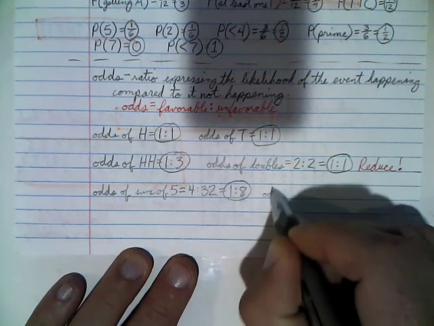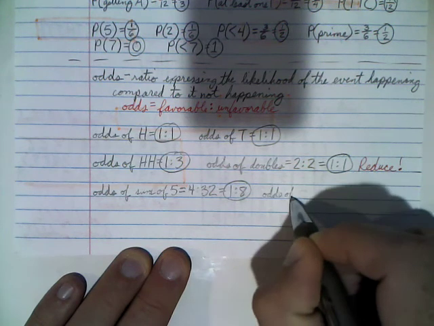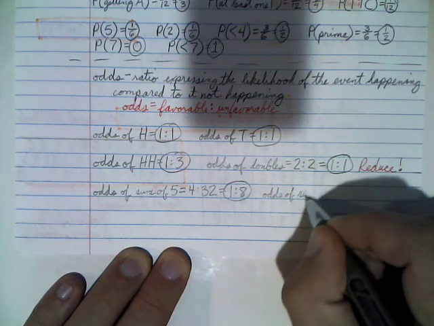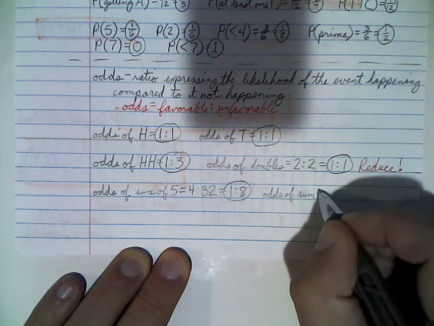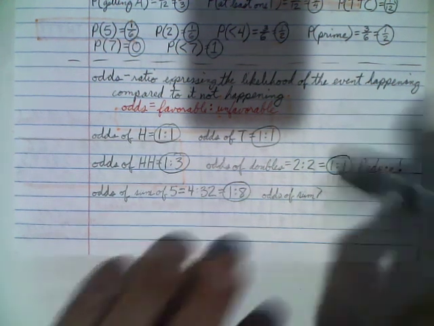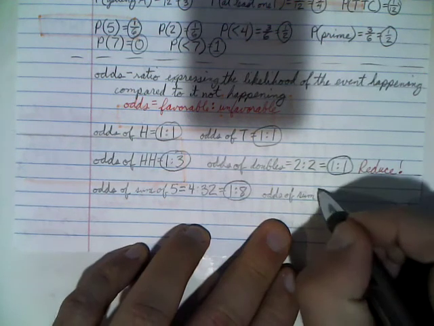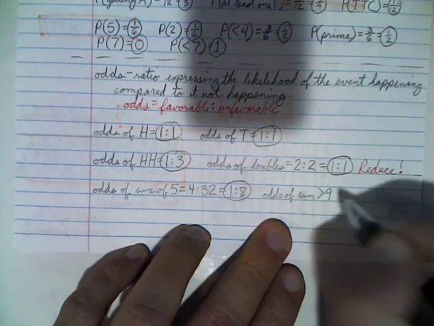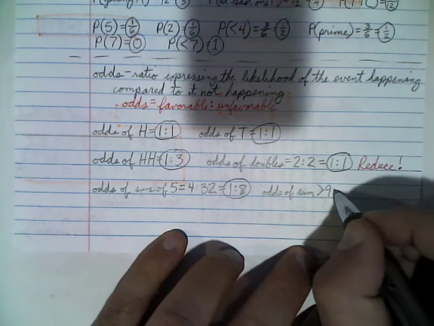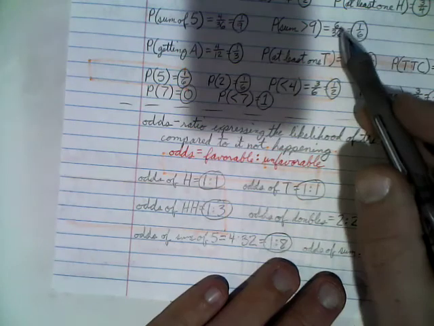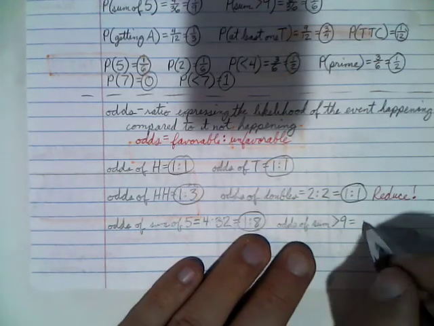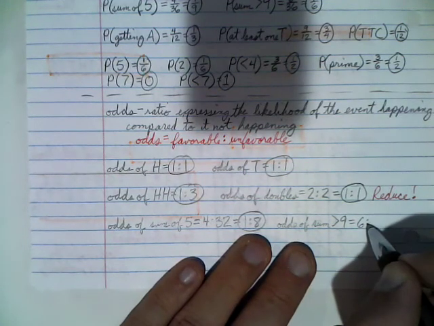So what are the odds of a sum greater than, let's make sure that looks like a greater than, not a 7, greater than 9? Well, again, we could use our probability to help us out. We already know that there are 6 that are favorable to this.